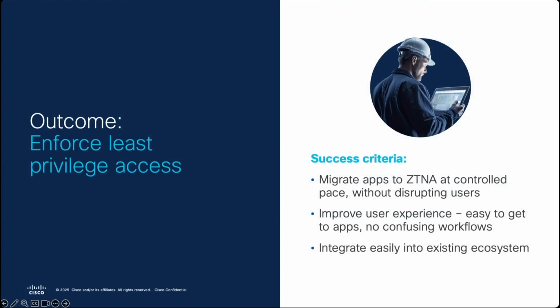Most VPNs have historically provided more access to the network than is typically required, whereas a ZTNA solution will provide you with a more direct, always-on type of experience for private applications on a per-application basis.